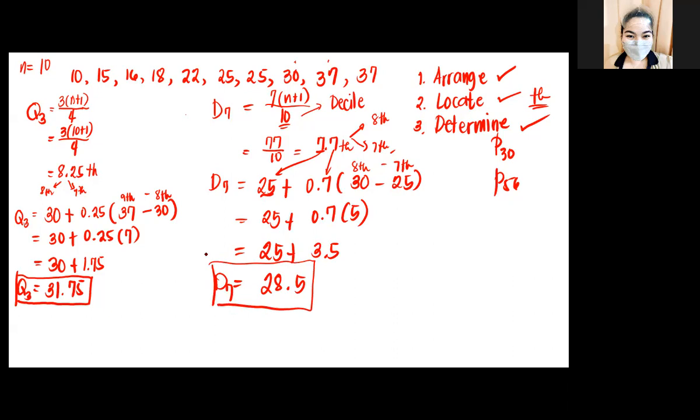Yung way how to get the decile, percentile, and quartile dun sa ating ungroup data. So huwag na natin kunin si P sub 30. Let's move to P sub 56. Okay, so si P sub 56 is equal to, yung location niya ay 56 times 11 divided by 100 because this is divided to 100 parts in percentile.